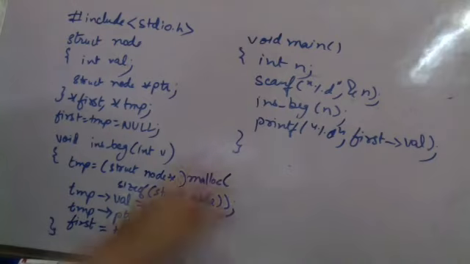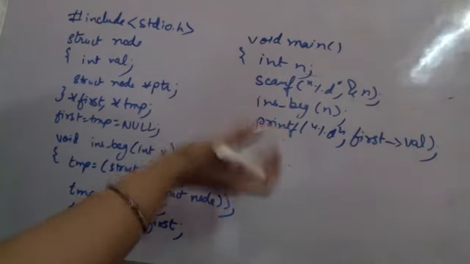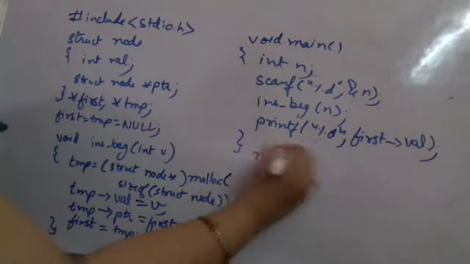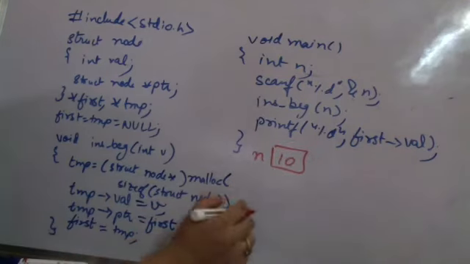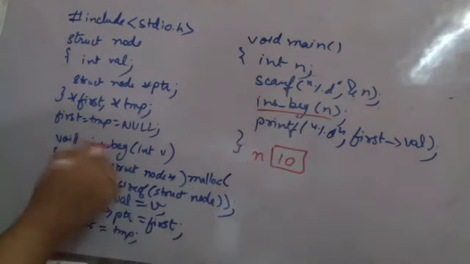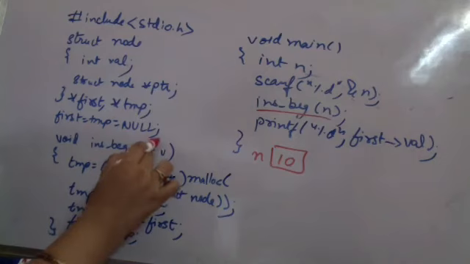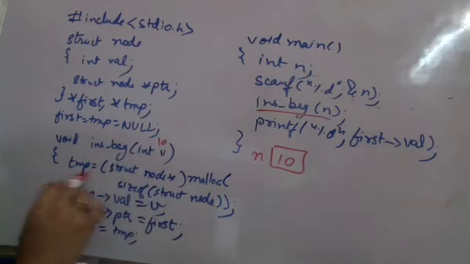What happens now? Supposedly the program execution will begin in the main. Integer n is created. Scanf, supposedly you enter a 10 here. Now you are calling insert beginning 10. So this has been called for a value 10. You come here, insert beginning 10. Now you create a new node. What does new node is created mean?